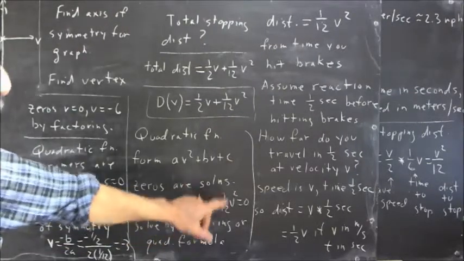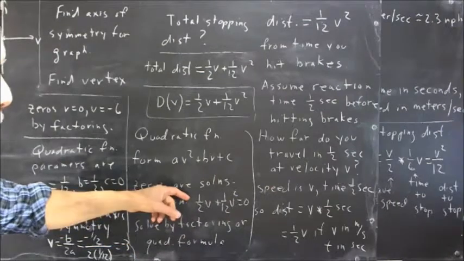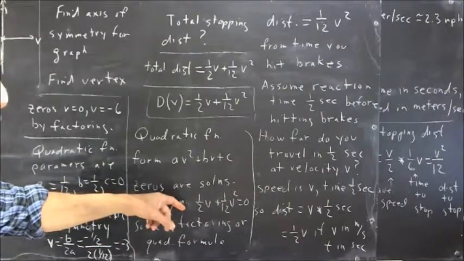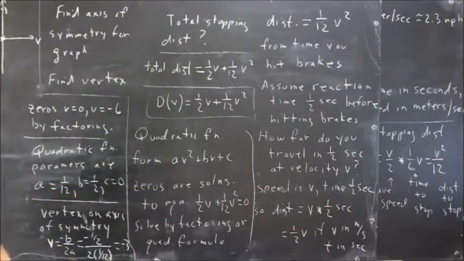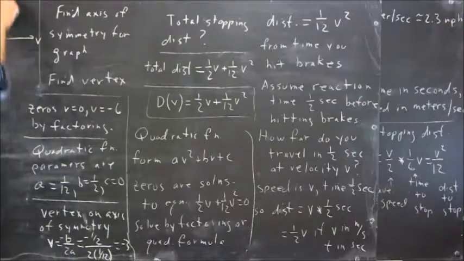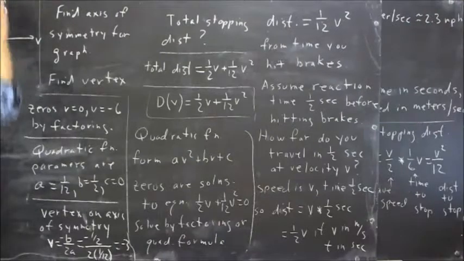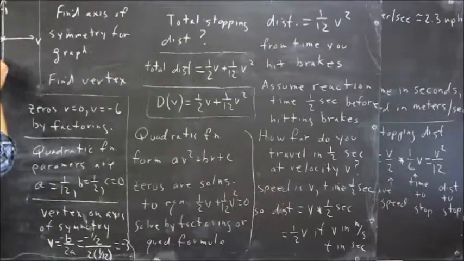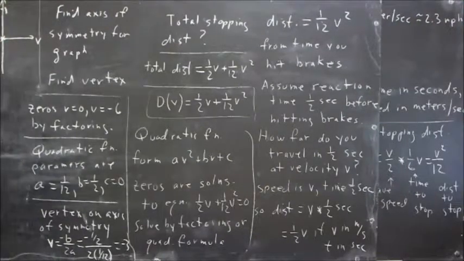What's that going to be? That's going to be 3/4, and 3/2 is going to give us a vertex at -3/4, and something's wrong with that.